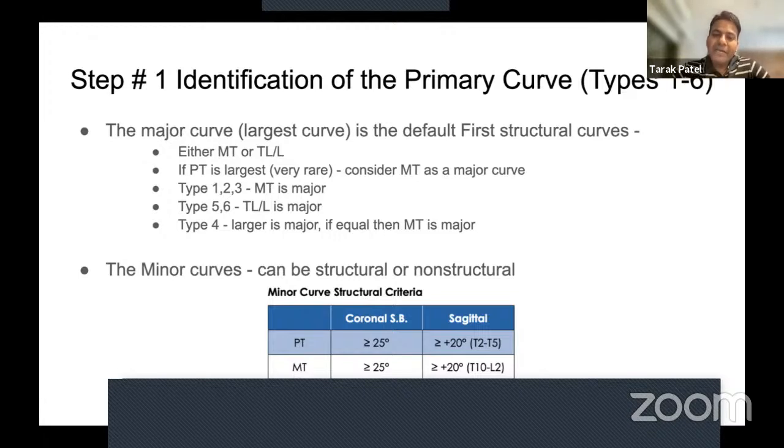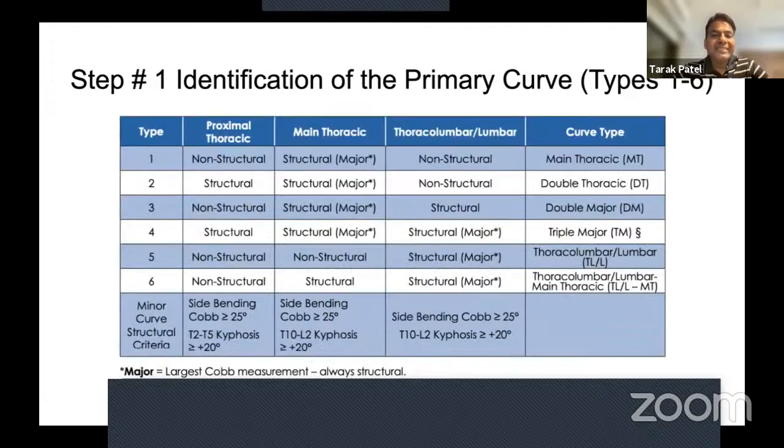Again, even if it is flexible and on bending it becomes less than 25, but if in the sagittal plane there is a kyphosis of more than 20 degrees, then again that has to be considered as a structural curve. So once you classify all these 3 curves as major or minor, and then as structural or non-structural, from the combinations we can get the 6 different types.